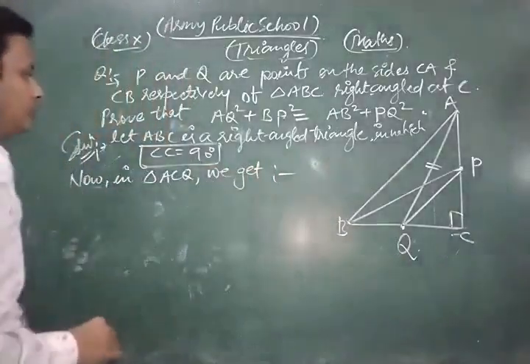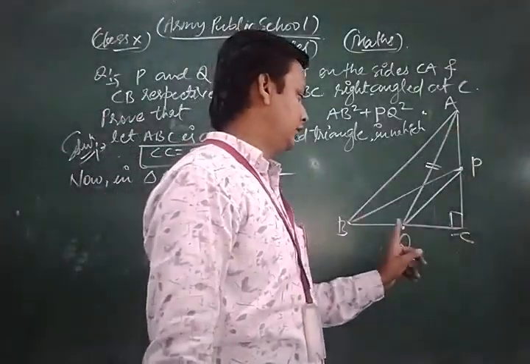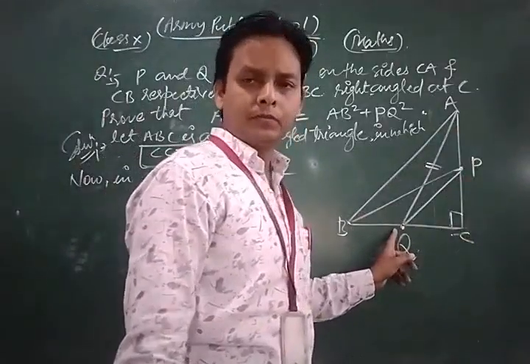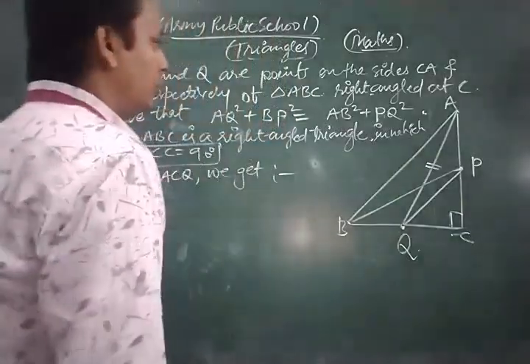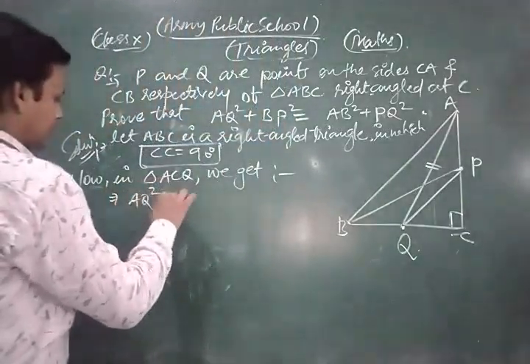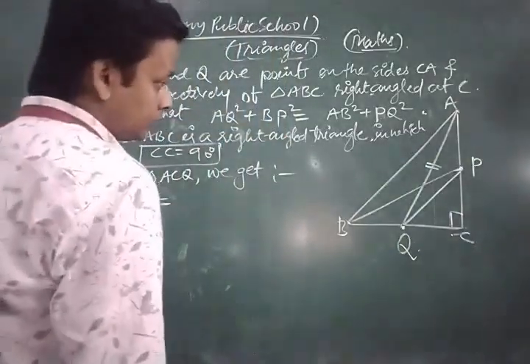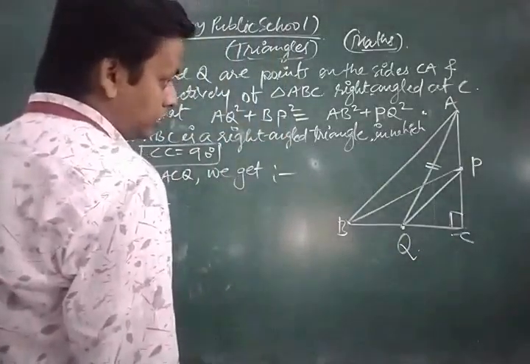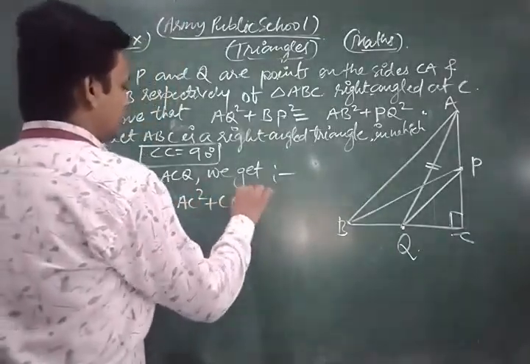we get AQ square is equal to AC square plus CQ square.